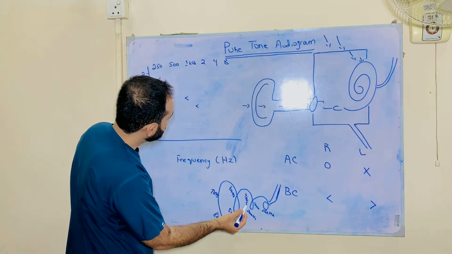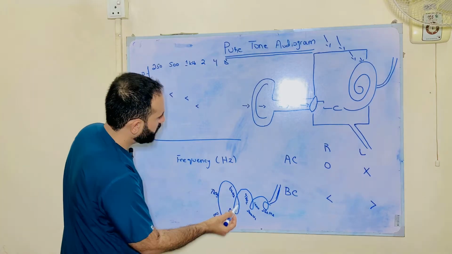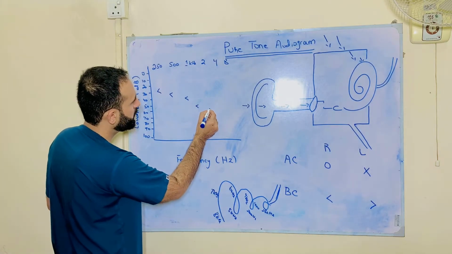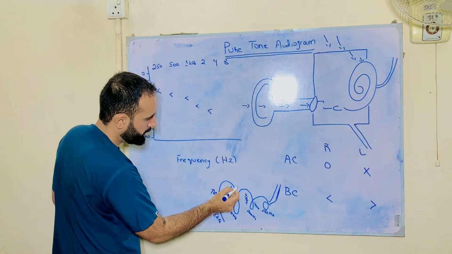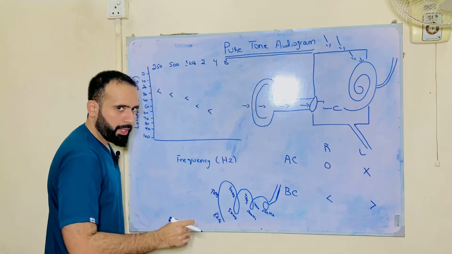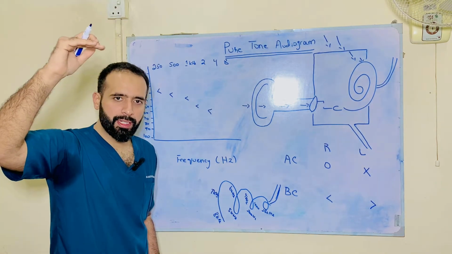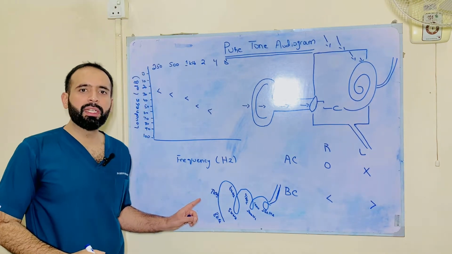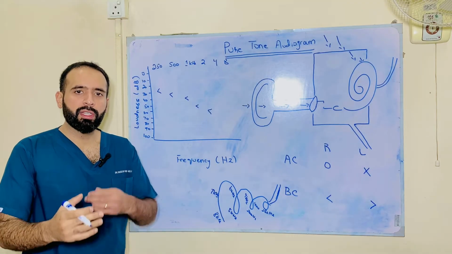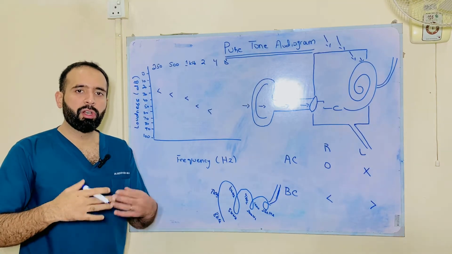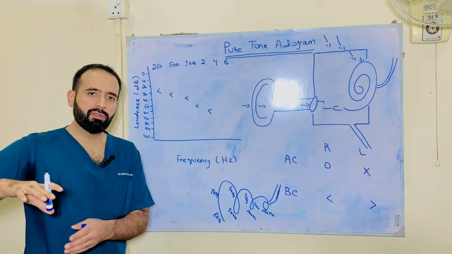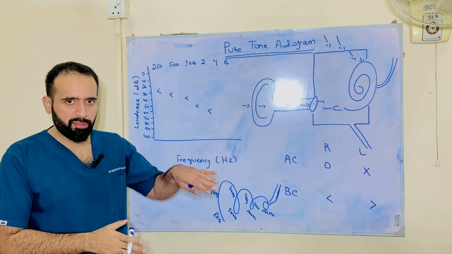I move towards 4000 hertz. Maybe the patient hears 4000 hertz at 60 decibels, and as I keep on going down, I need to increase my loudness because those receptors have been damaged because of the cochlear phenomenon which is taking place, maybe because of aging or an infective process.